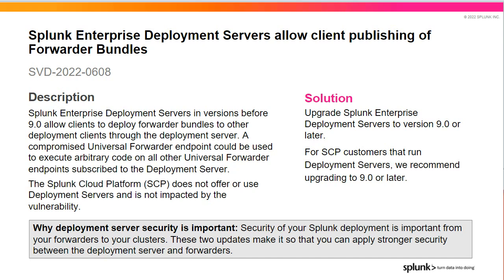The consequence is that any forwarder node can technically remotely execute code on all other forwarders subscribed to that deployment server. To remediate this, we strongly recommend that customers upgrade their deployment servers to 9.0. This change is enforced by default and no configuration is needed by the customer. In addition to that, it is also highly recommended that customers have their TLS configured between their deployment servers and deployment clients.